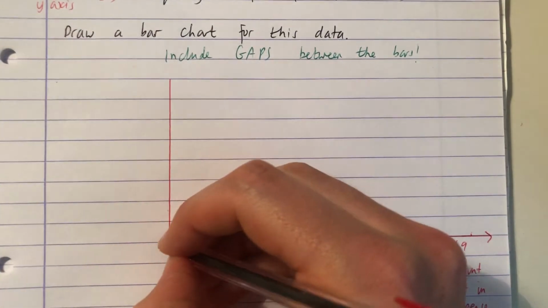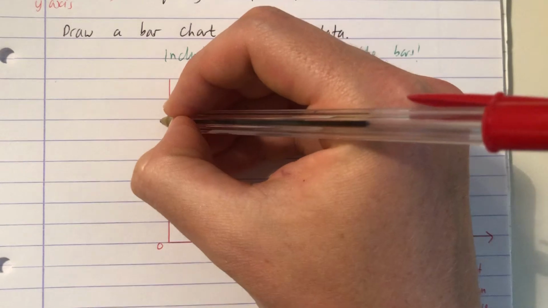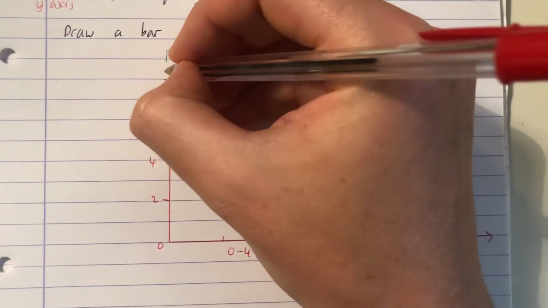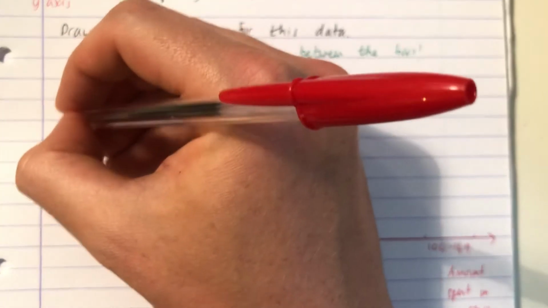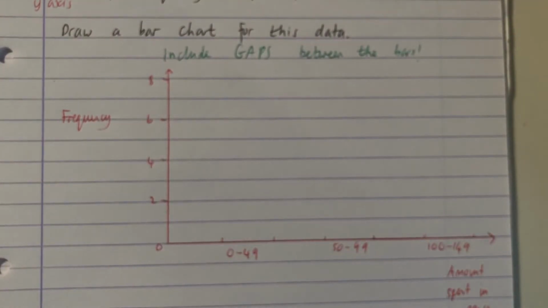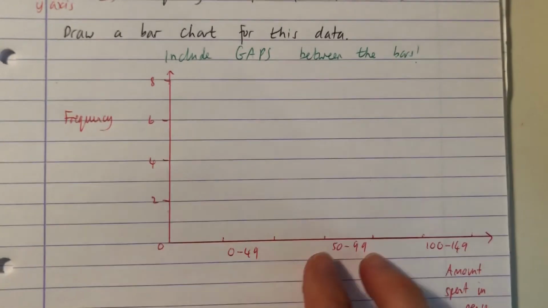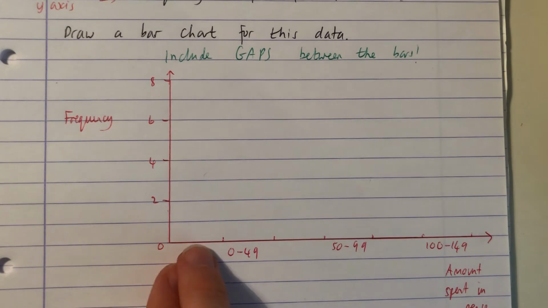And then this goes at 0, and that is the frequency. Now you'll notice I've purposely put everything equal in width on the x-axis, and put spaces between the groups.